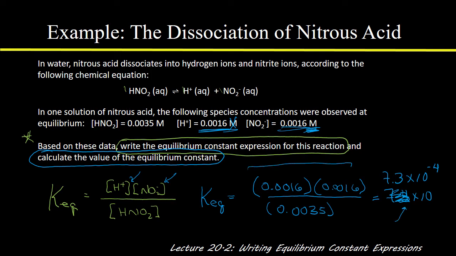I often say that it's extremely important to include units in all of your calculations, and generally speaking, it is. But when you're calculating an equilibrium constant, that is a unitless number. All right. Let's do a couple of quick practice problems.